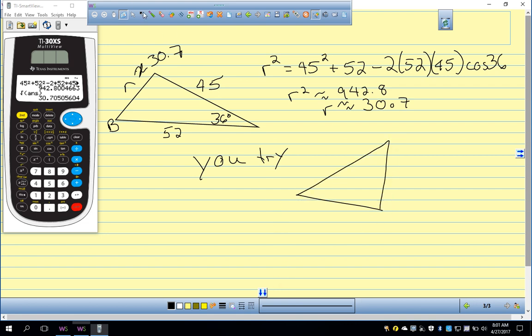Let's make this angle 47 degrees, with sides 13 and 10, and C. Find C. Go ahead. Give that a shot. Everyone, try.